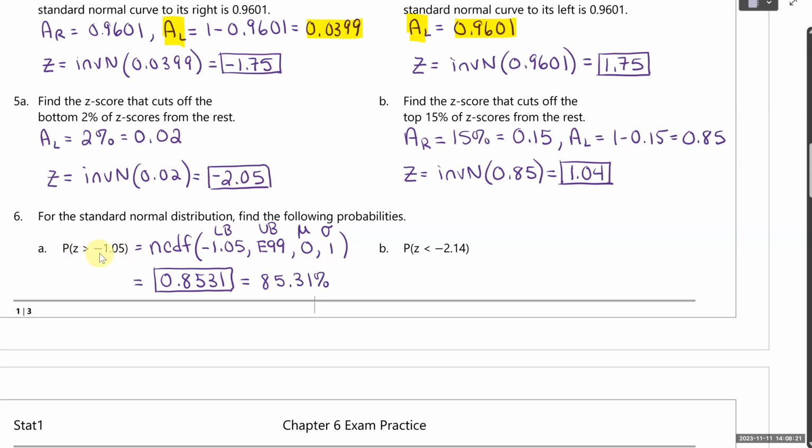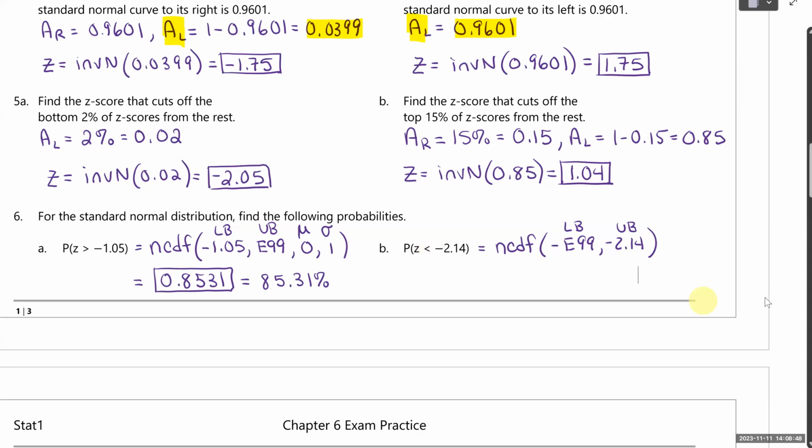All right, so greater than case, your upper bound is infinity. The less than case for finding probability, so normal CDF. For the less than case, your lower bound is negative infinity. Your upper bound is that value they give you.